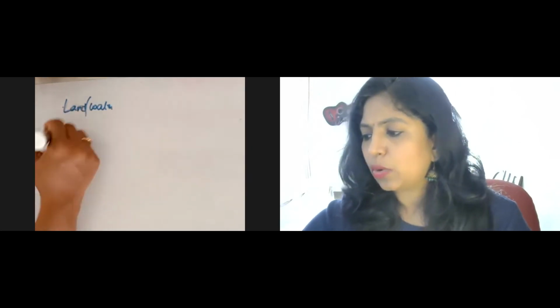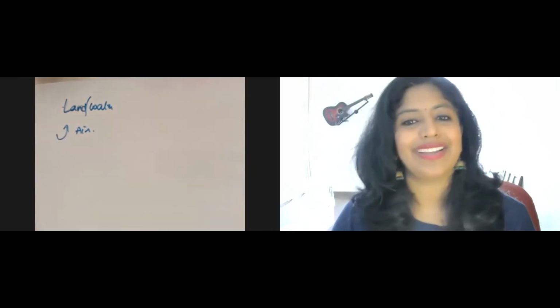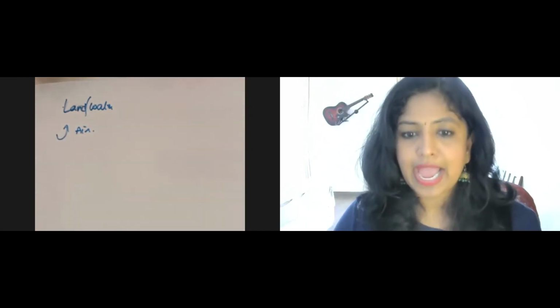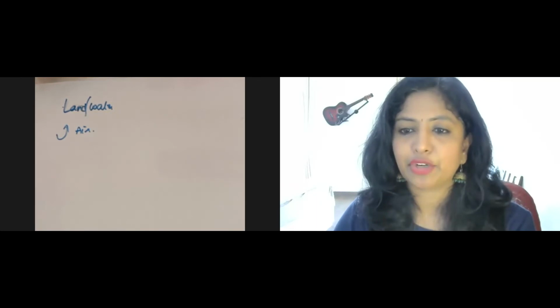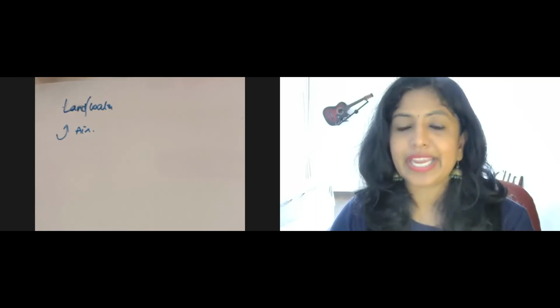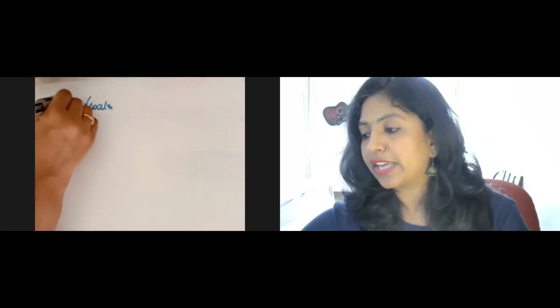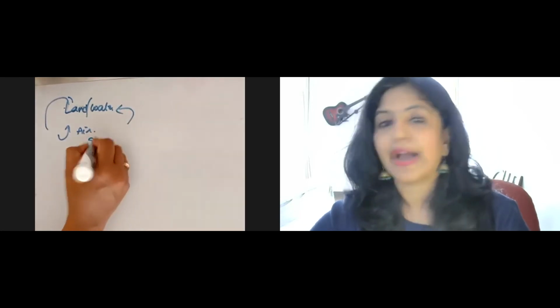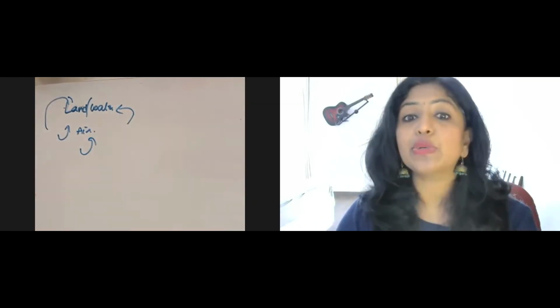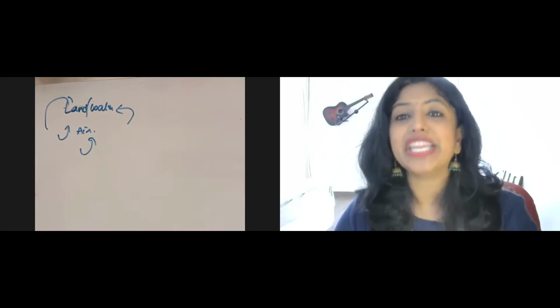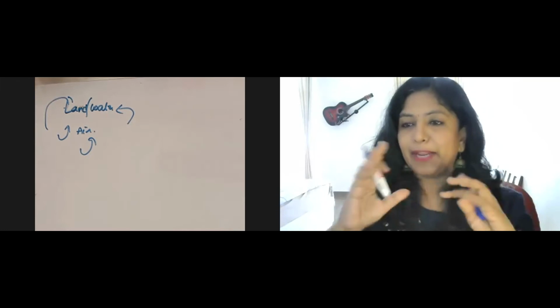Now, slowly, you will start introducing air also. For transportation, we can go by land forms, by water forms, or by air forms. So you slowly introduce the three different ways of transportation to our children, because we need to commute from one place to another.